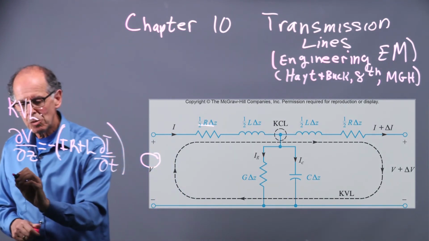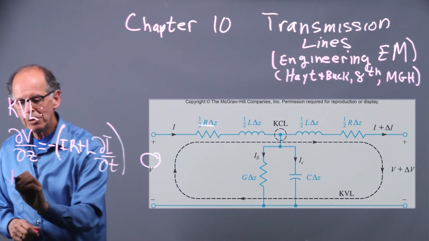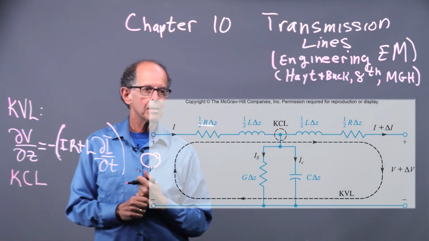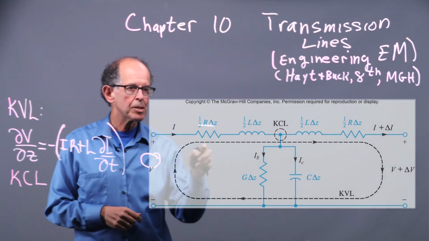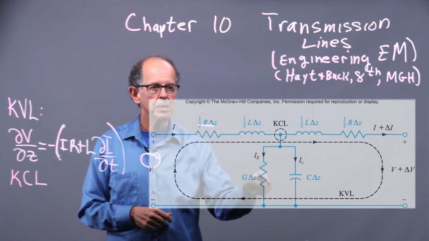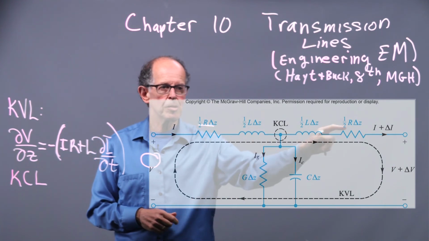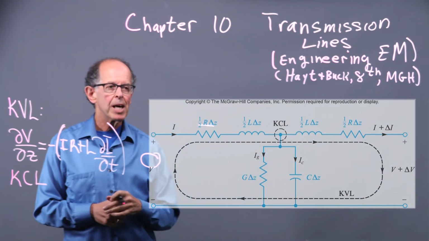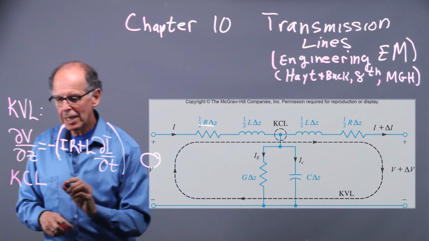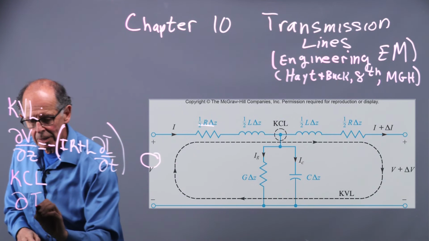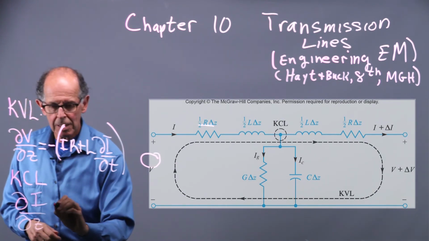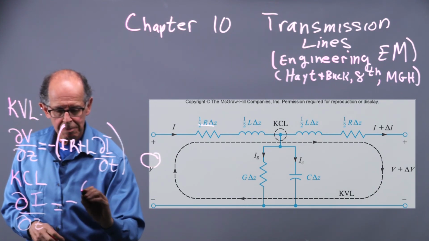Now, that's one equation, and now we have to do KCL, Kirchhoff current law, and you can see the current splits. The node is labeled KCL, so the current's coming in and splitting. It's shunted across and going through. So that's KCL, and when you do KCL, we get an equation of this form. dI/dz is equal to minus.